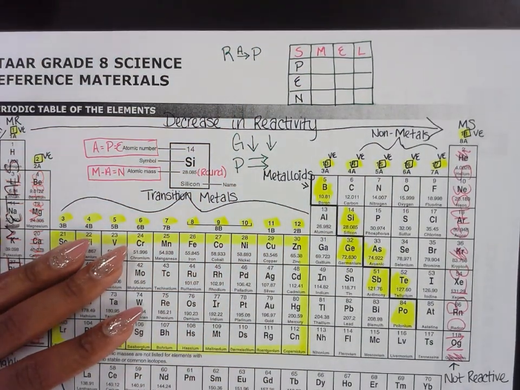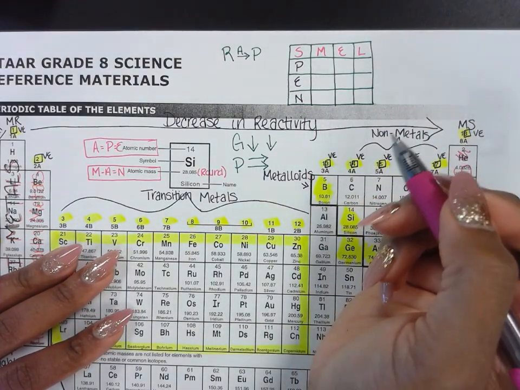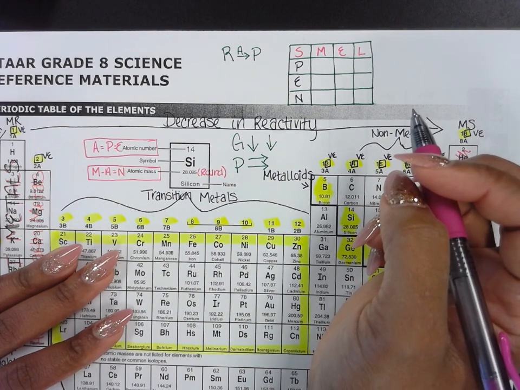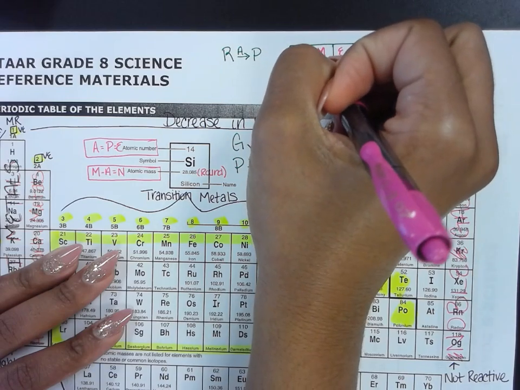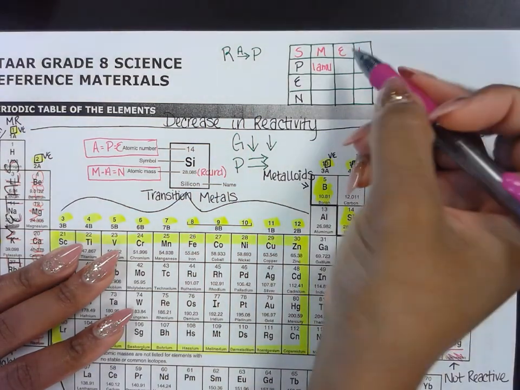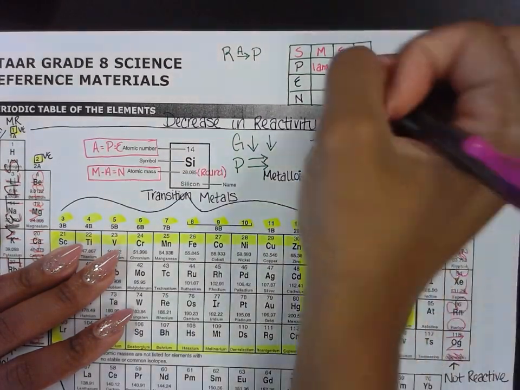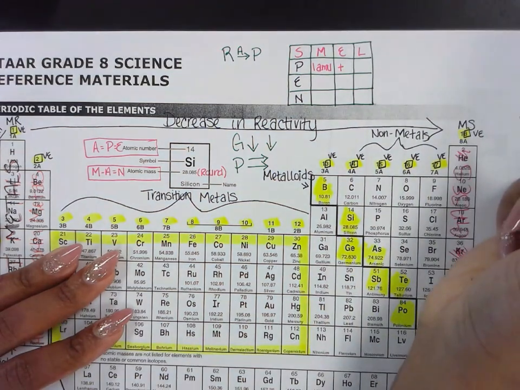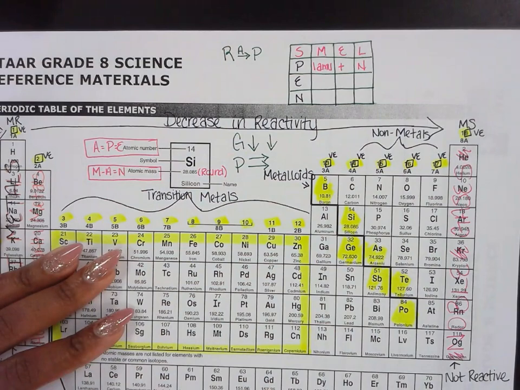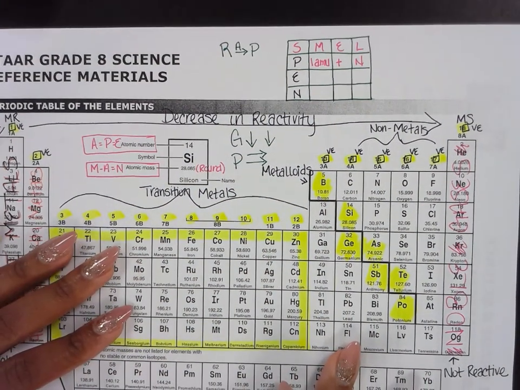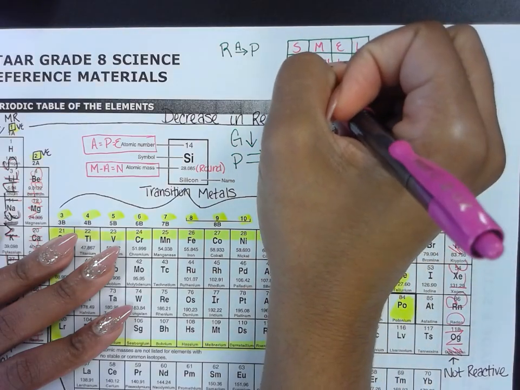All right, let's fill this out together. The mass of a proton is 1 AMU. Very good. What is the electrical charge of a proton? Positive. What is the location of a proton? Yes. All right. Electrons have a mass of 0 AMU.